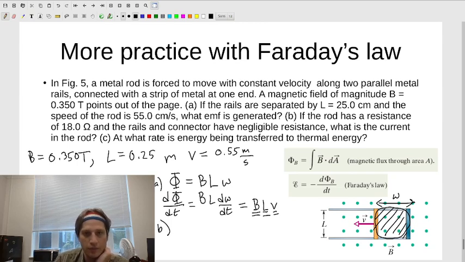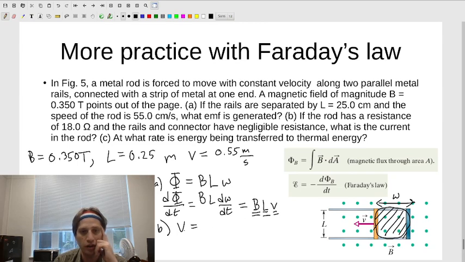Okay, and then part B asks, if the rod has a resistance of 18 ohms and the rails and connector have a negligible resistance, so this is turning this into a V equals IR type of question.